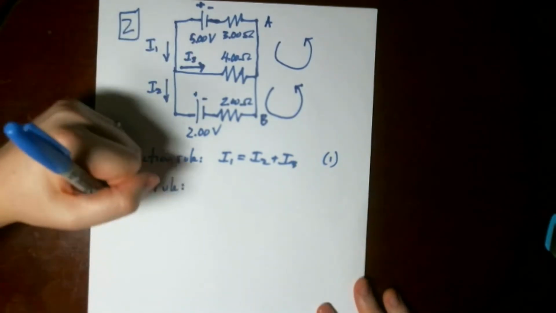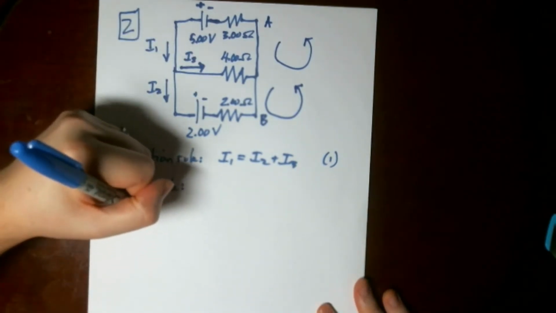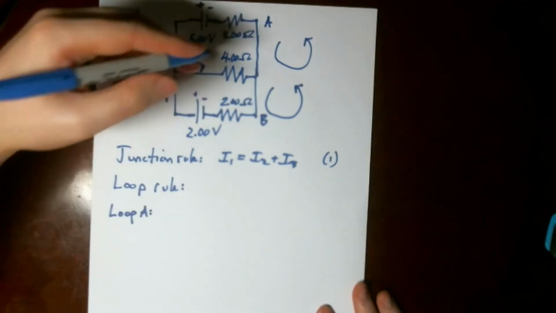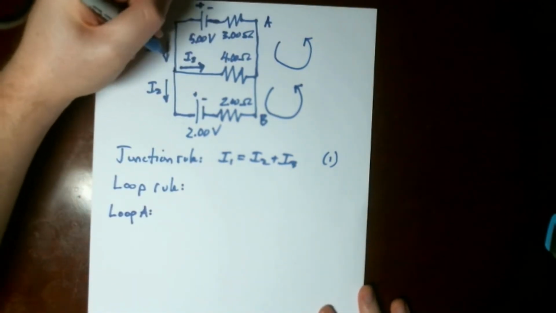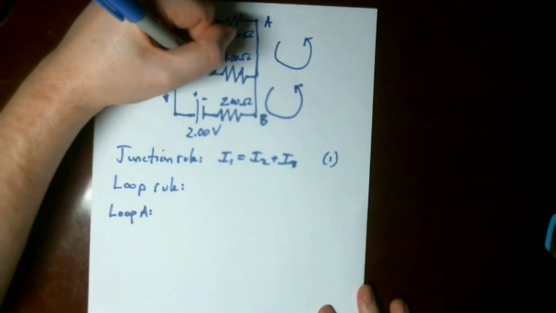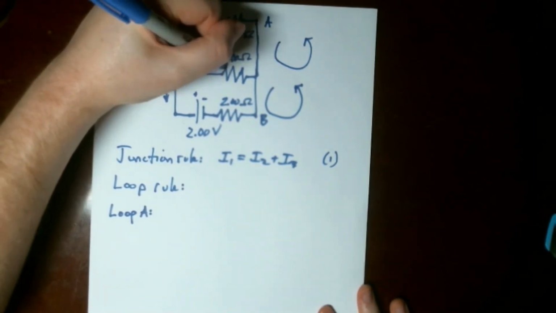So let's traverse loop A. It doesn't really matter where we start, because we're going to end up back where we start anyway. Let's start here at this junction where I1 breaks into I3. We go through this resistor.